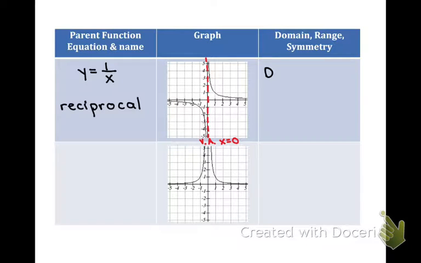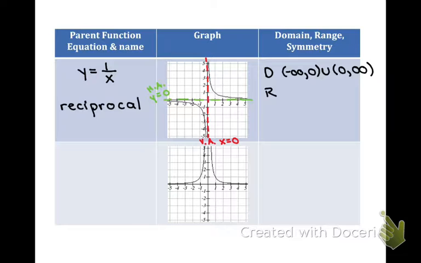So when I scan this from left to right for domain, I am going from negative infinity to 0. I cannot include 0, so it gets a parenthesis. Union, pick up right on the other side of 0, and we're going to go all the way to positive infinity. Now, range works very similarly here. We have a horizontal asymptote on this graph of y equals 0.